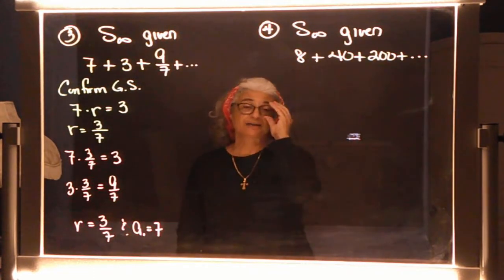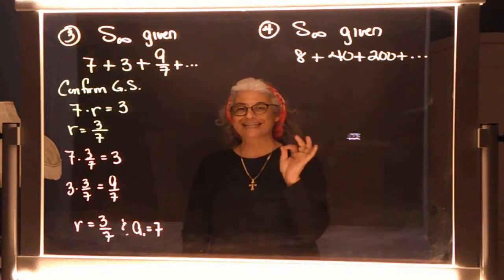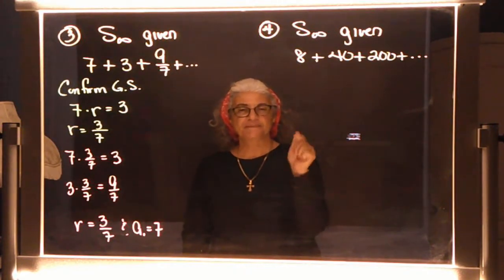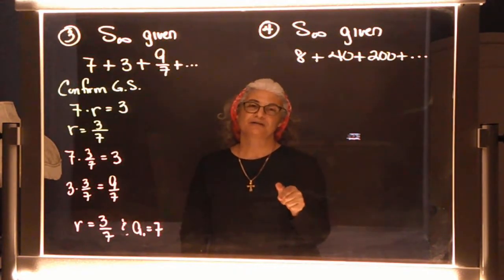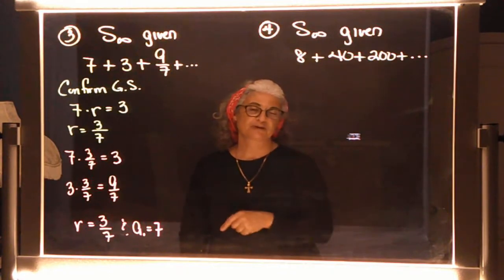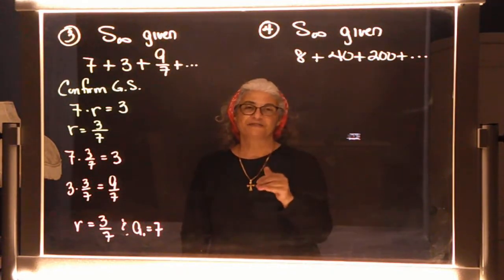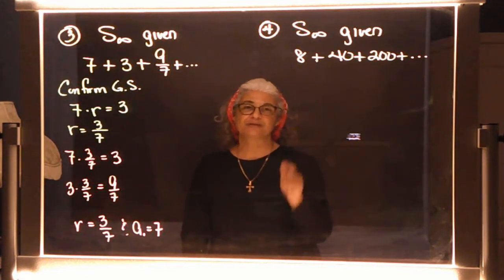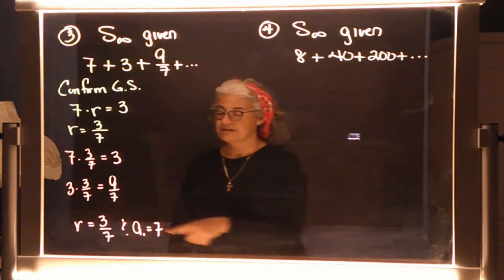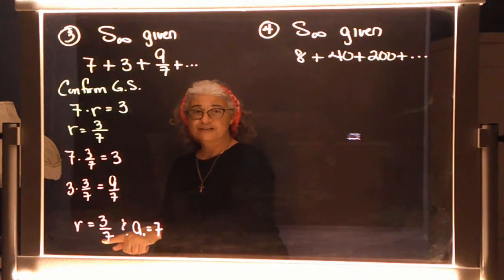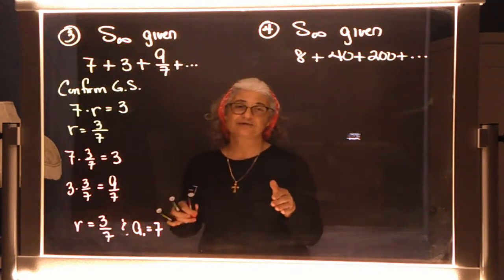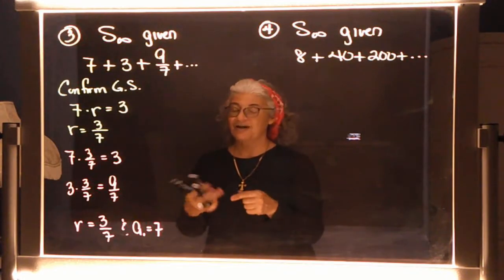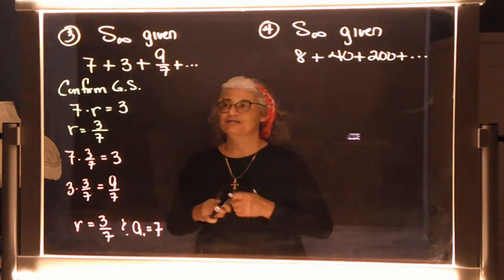Now, go back and look at the formula we wrote down for the infinite sum of a geometric sequence. There was something I said was very important in order to use that formula. What was it? Yeah, the common ratio. The absolute value of the common ratio had to be less than 1. Is this common ratio, if I take the absolute value of it, less than 1? Yes, it is, which means I can find the sum of this geometric sequence.